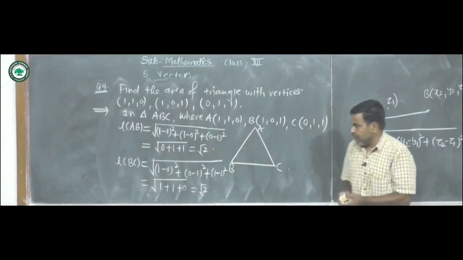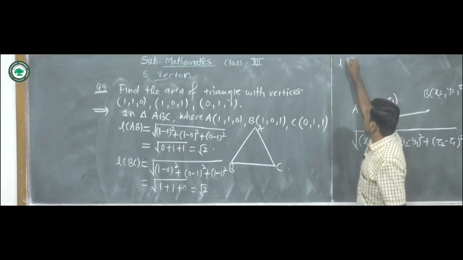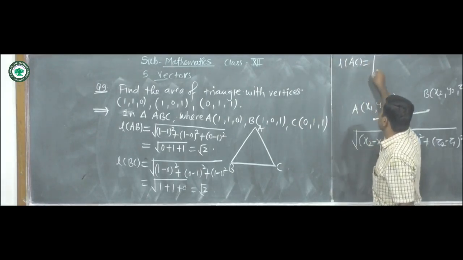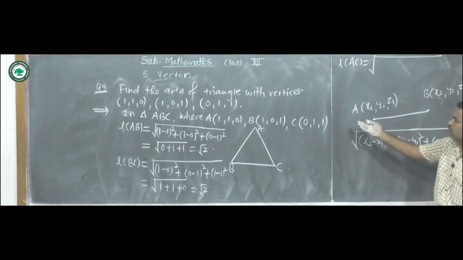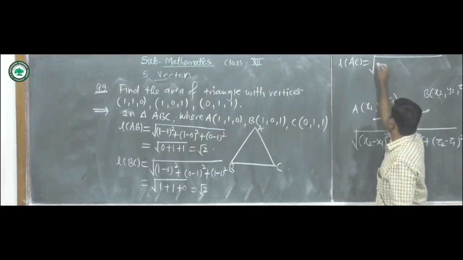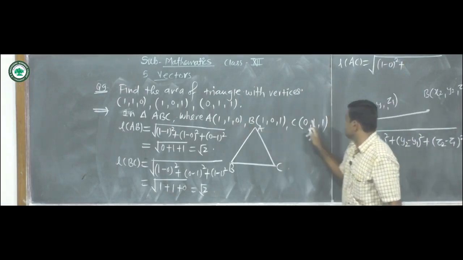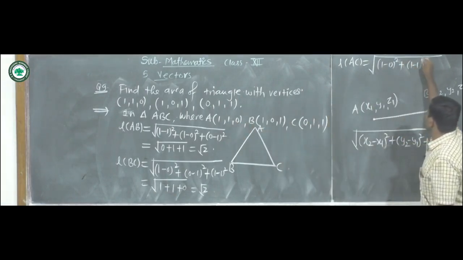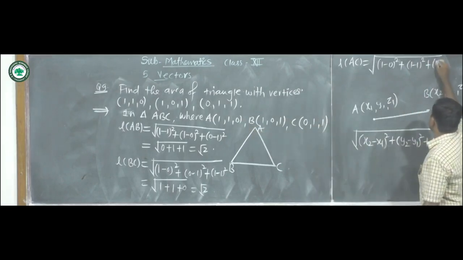Now the length of AC. Length of AC is equal to square root of, use this formula, point A is (1, 1, 0) and point C is (0, 1, 1), so it is (1 minus 0) squared plus (1 minus 1) squared plus (0 minus 1) squared.